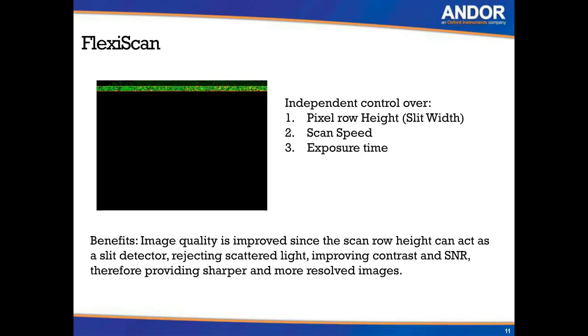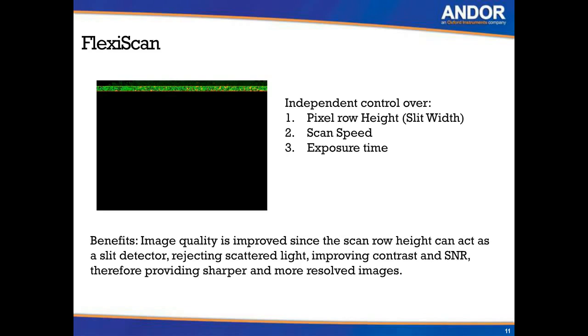So if you want to use very long exposures, you can use very long exposures and also move the speed very fast, and therefore you're not going to be providing a lot of light to your sample. So for example, if you have very, very bright laser light you're using, you can scan very fast so you're not going to damage your sample.